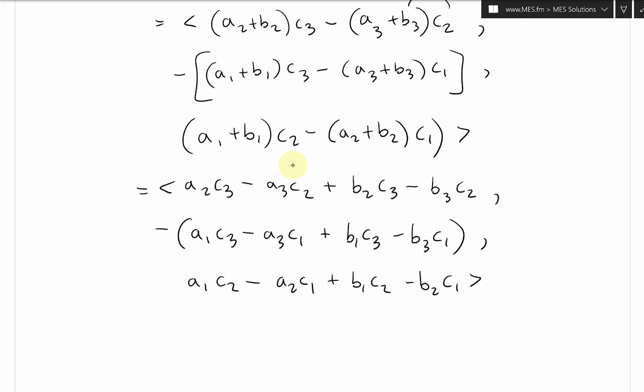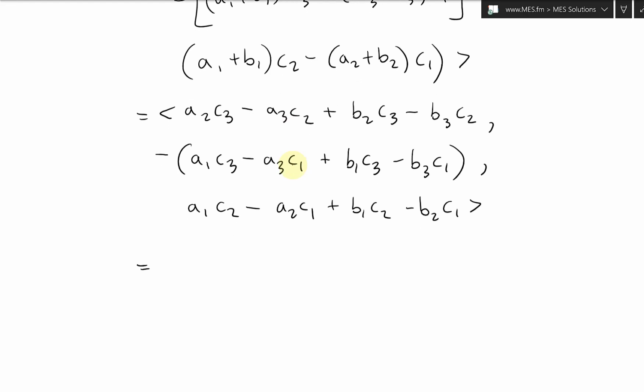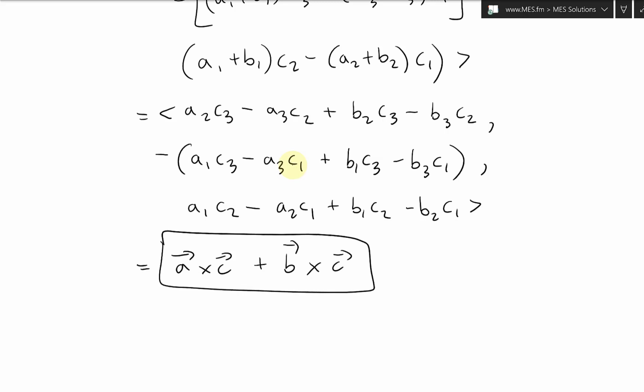Alright, so now we have this, and we can see again the same thing. This is A2 C3 minus A3 C2. There's this negative, and then A1 C3 minus A3 C1, then A1 C2, etc. That's just A cross C. And then the next one, we're adding these: B2 C3 minus B3 C2, B1 C3, B3 C1, and then B1 C2, etc. Plus, this is going to be B cross C. Then circle all this, and it's a check mark.